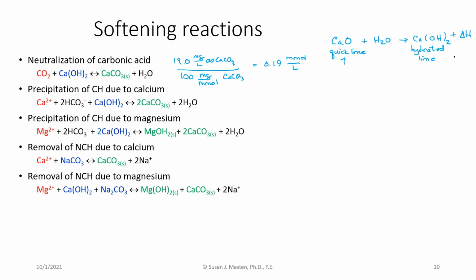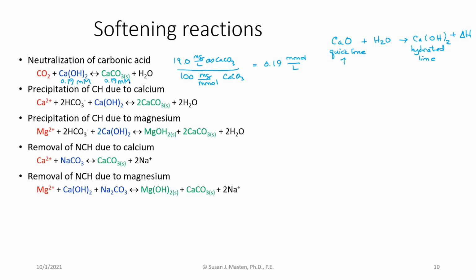So what we will need is 0.19 millimoles per liter of calcium hydroxide, or lime, and we will produce 0.19 millimoles per liter of sludge.